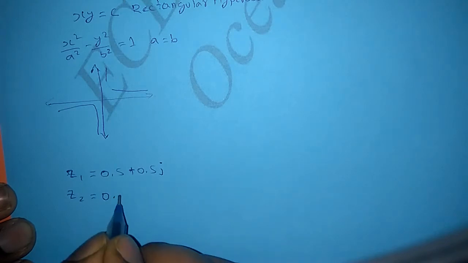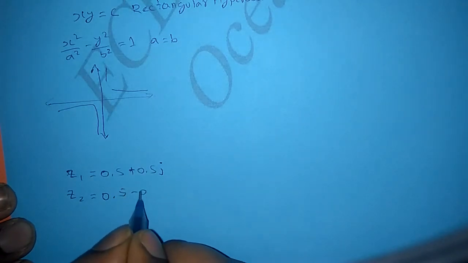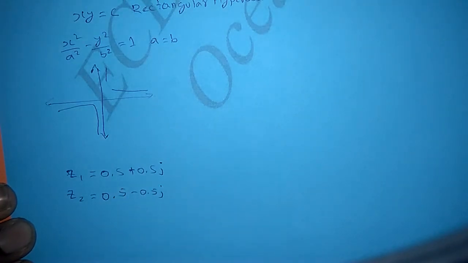So z2 is simply the complex conjugate of z1. So I can write directly like this: 0.5 minus 0.5 j, and the remaining 2 zeros will be like this: z3 is equal to 1 by z1 and z4 is the complex conjugate of z3.